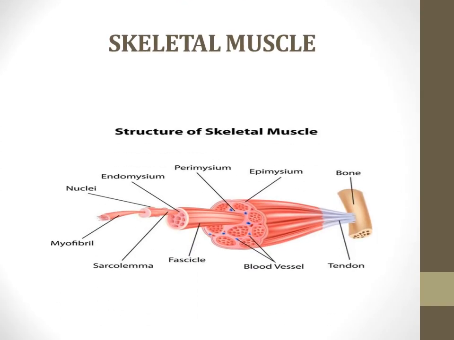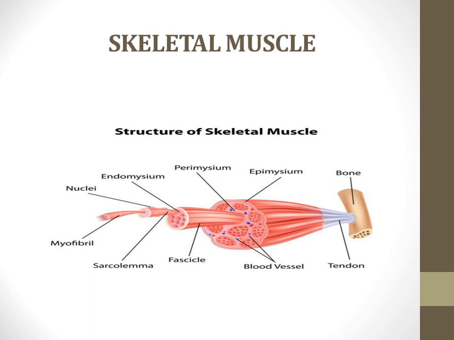The first one is skeletal muscle. As we said, it is attached to the bone. That's the first point, right? Can you look into the figure? As we said, it is made up of many fibers. We can also say these are striations, stripes.